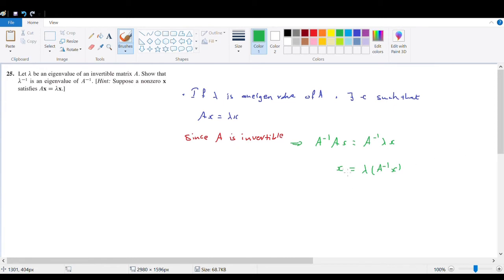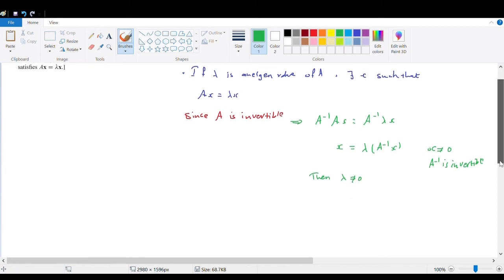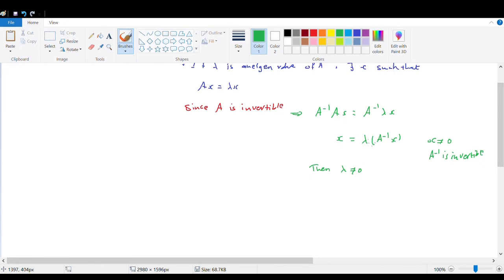Now x equals lambda A inverse x, for x not equal to 0, and A inverse is invertible since A is invertible, then that means lambda is not equal to 0 because A is invertible. So from here, if we multiply both sides by 1 over lambda, or lambda to the power minus 1, we get lambda to the power minus 1 x is equal to lambda to the power minus 1 lambda A inverse x.